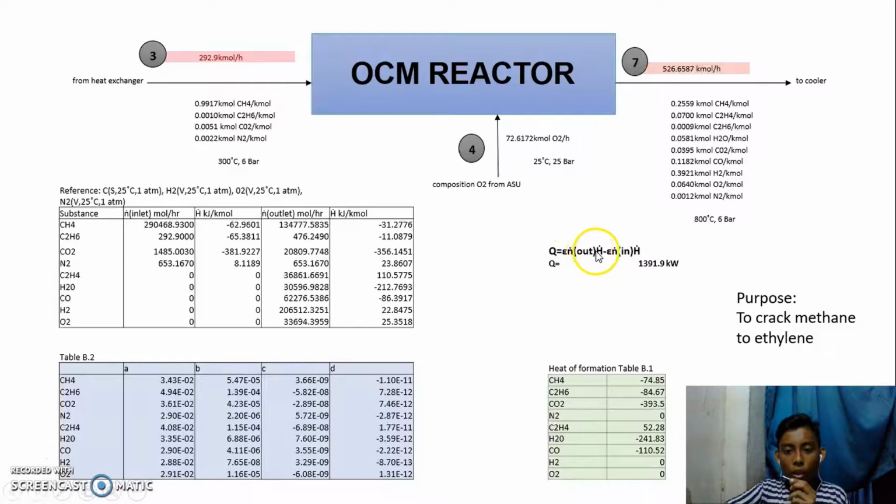Q equals NH out minus NH in, and the Q I get is 1399.9 kilowatt. For this heat of formation, we have to add the heat of formation from Table B1. So this is the final answer for the Q. That's all from me.